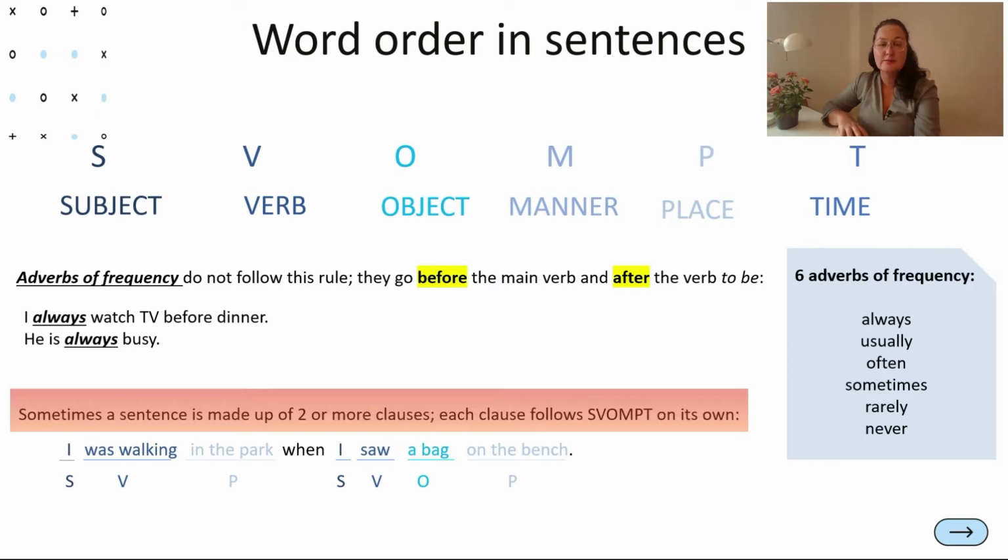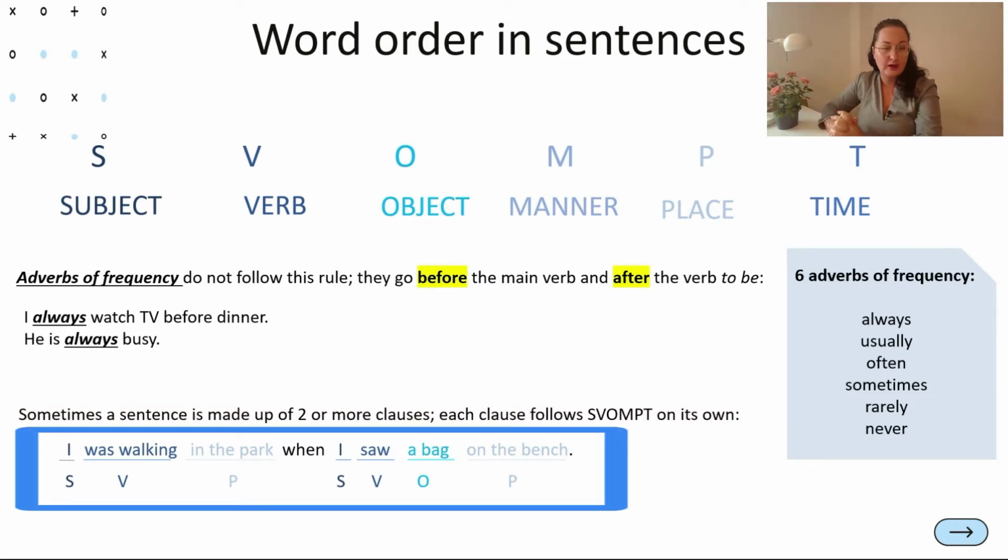Sometimes the sentence is made up of 2 smaller sentences. The smaller sentences are called clauses in English, and each clause follows the SVOMPT pattern on its own. So for example, I was walking in the park when I saw a bag on the bench. Here you have 2 clauses. The first clause is I was walking in the park, and the second clause is when I saw a bag on the bench.